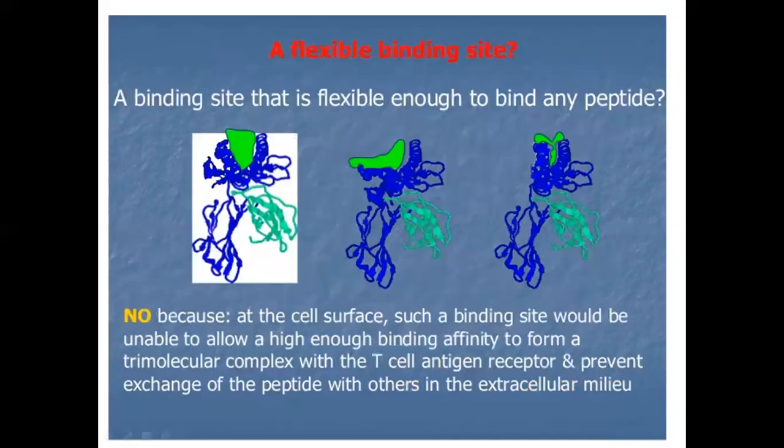Is a flexible binding site present? No, because at the cell surface such a binding site would be unable to allow high enough binding affinity to form a trimolecular complex, that is MHC, peptide, and the T cell receptor. That is why no flexible binding site is observed.